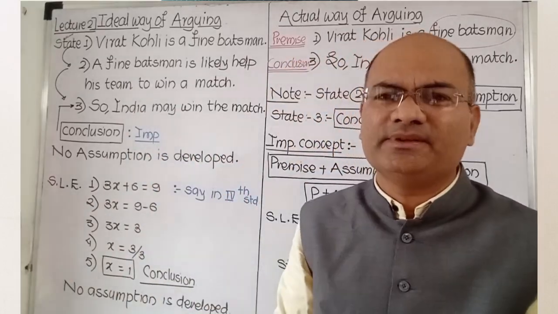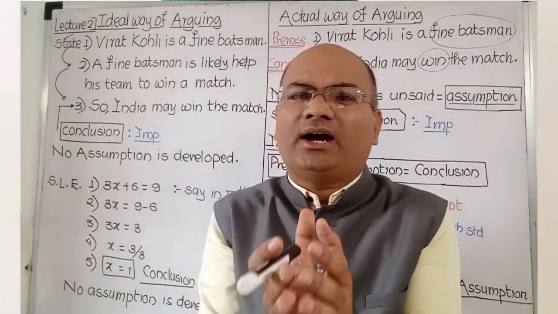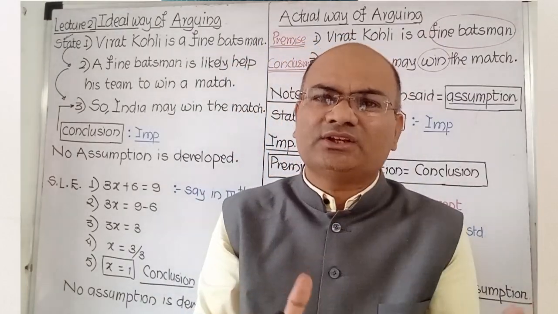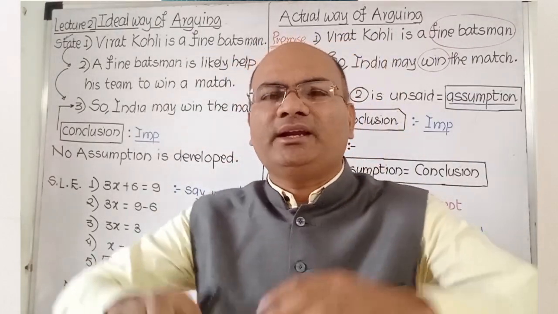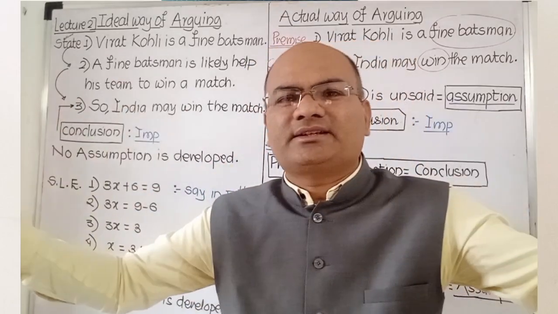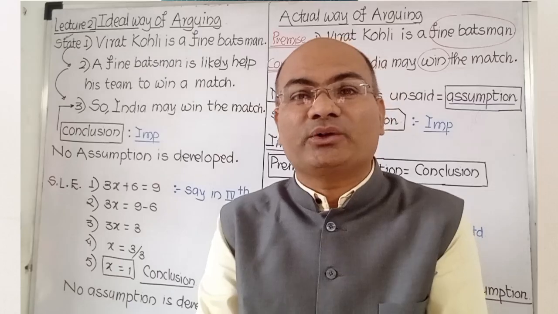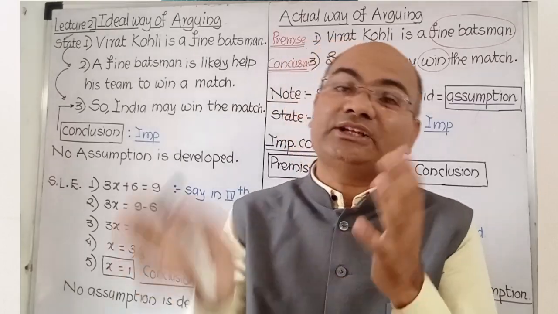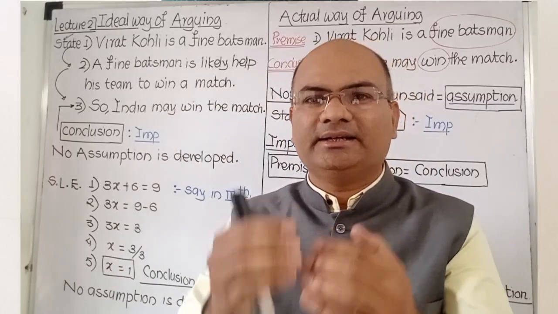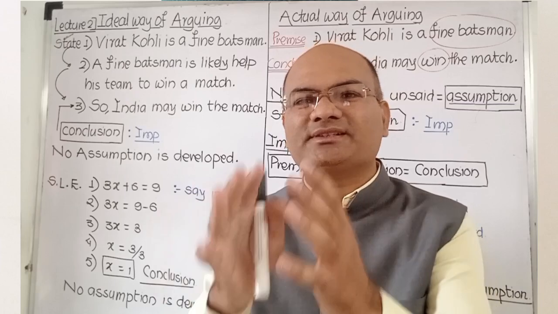In simple words, arguments will have assumptions also and conclusions also, and that's why there are two methods of argumentation to be developed. The first method is called the ideal way of arguing, and the second method is called the actual way of arguing.